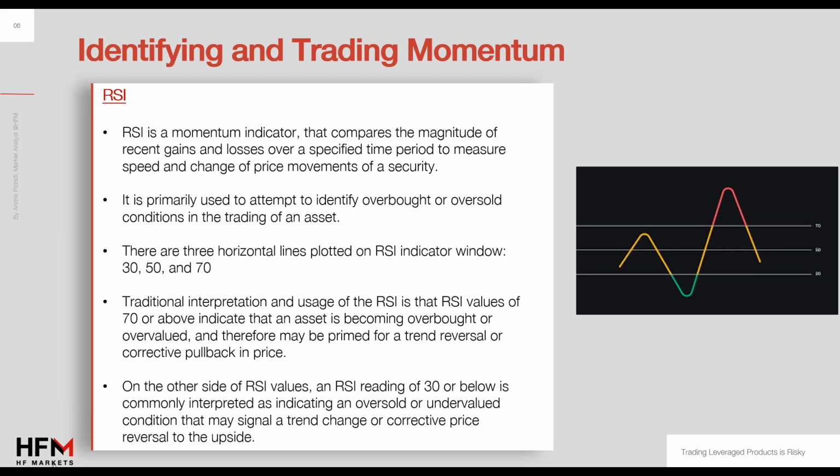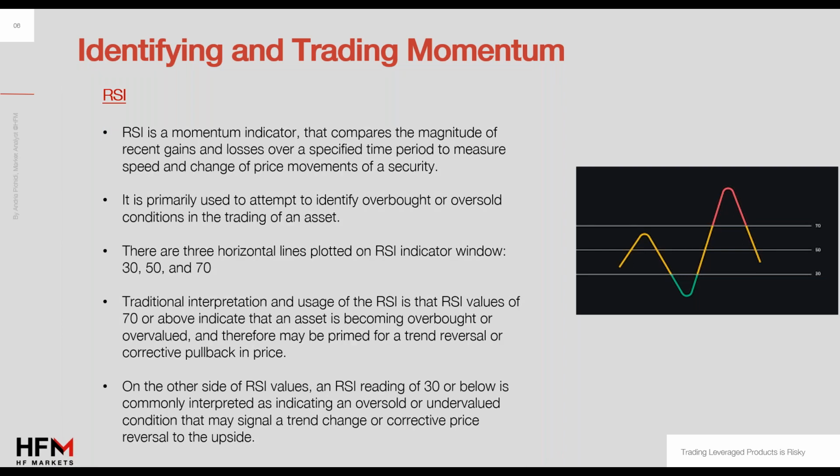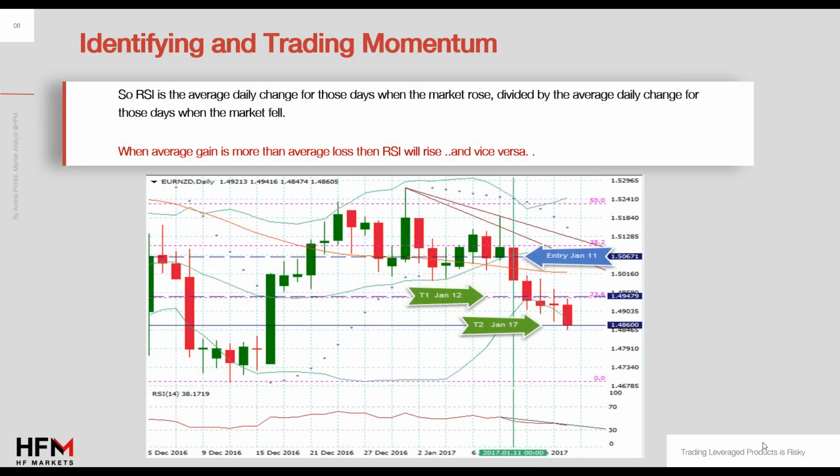So let me take a step backwards and see our example over here. Okay, so I'm seeing over here that when the average gain is more than the average loss, then RSI will rise.